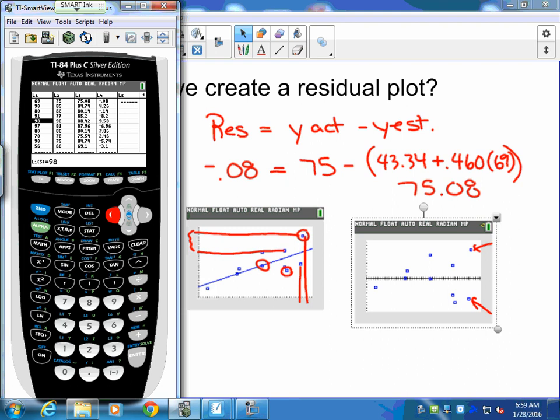Okay, now what we want to know about outliers and influential points is that point that has the largest residual value. If we go through and delete that value, we want to look at the effects on the overall graph.